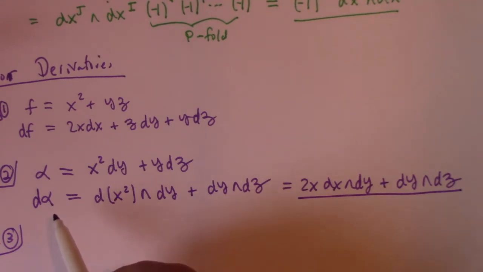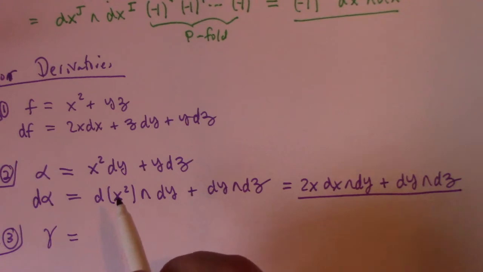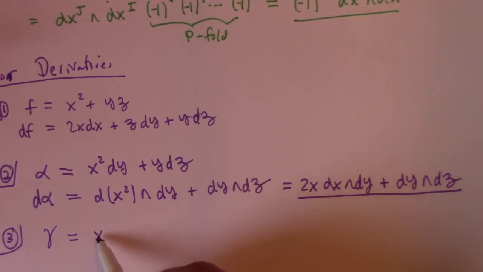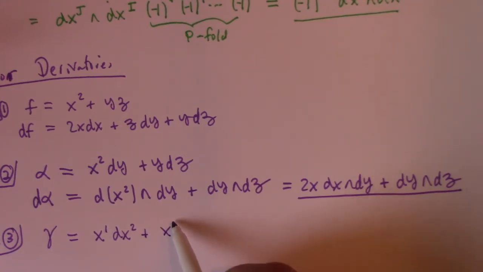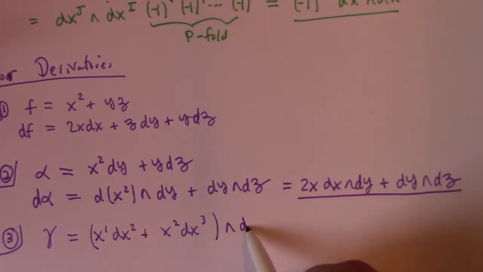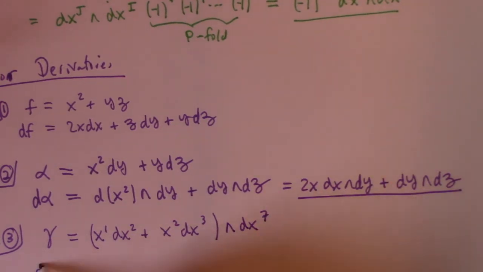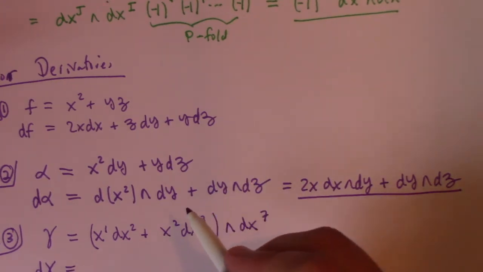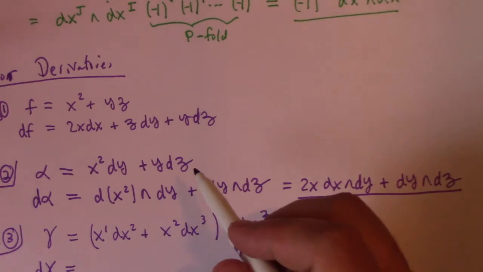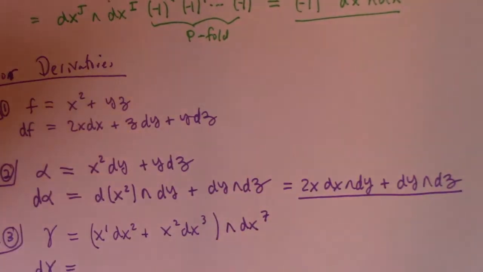Suppose I had gamma equal to x1 dx2 plus x2 dx3, wedge dx7. There, that's weird enough. If I was to calculate the exterior derivative of that, let me make it more exciting.